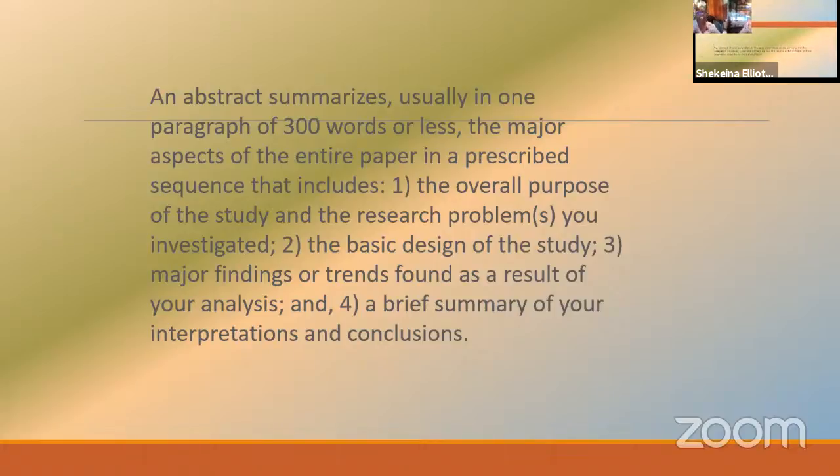Your whole study in a paragraph, and less than 300 words. So it doesn't matter how you write, your abstract should not exceed a page. So it must be detailed. It must focus on 4 specific components.